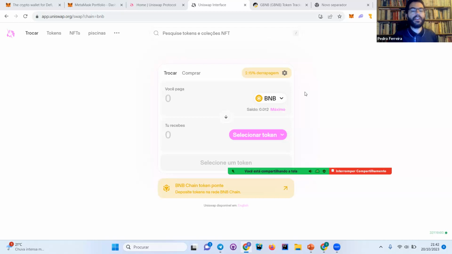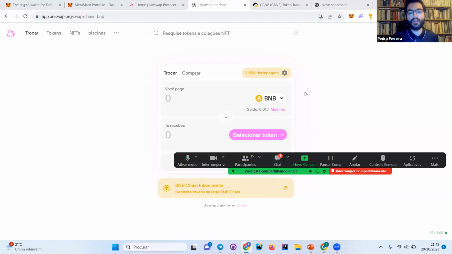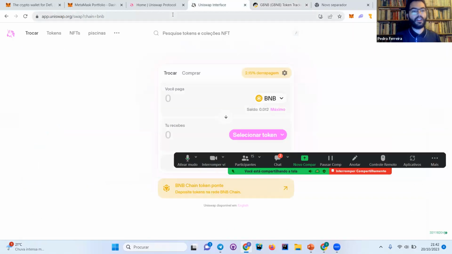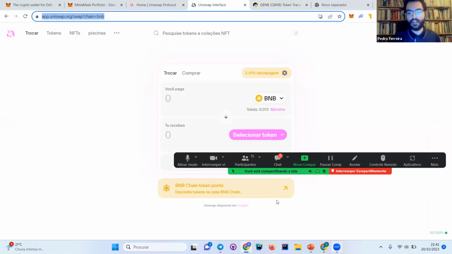Imagine that GBNB is the token for the project living in the decentralized world. If you go here, you can see there is a max supply of 800,000 shares, and you hold 10. As a project, as I was talking about in a decentralized exchange, I will send you the link to the Uniswap.